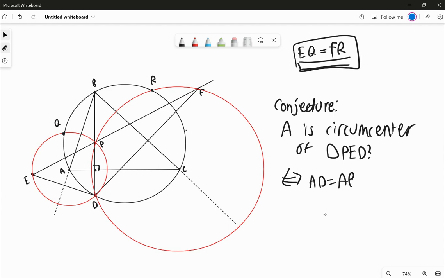If this point here is the foot of the altitude, let's call it X, suppose, then we know that AP equals AD is equivalent to proving that DX equals XP. So it's equivalent to proving DX equals XP.